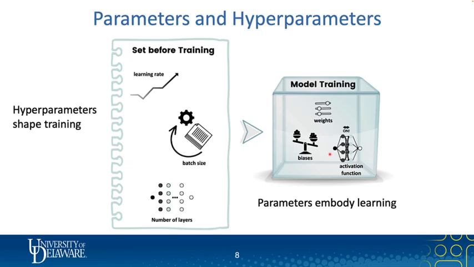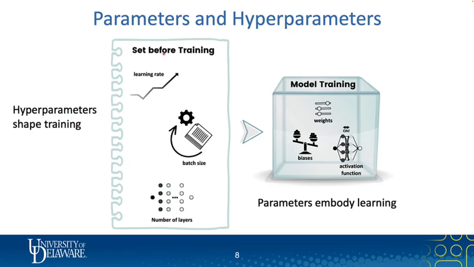On the other hand, the process of training a model involves choosing the optimal hyperparameters. Hyperparameters are parameters whose values control the learning process and determine the values of model parameters that a learning algorithm ends up learning. So it's everything that shapes the training.